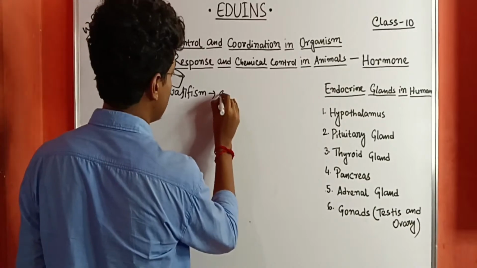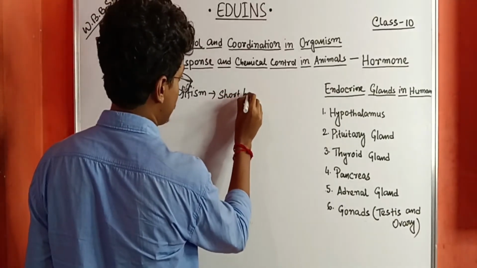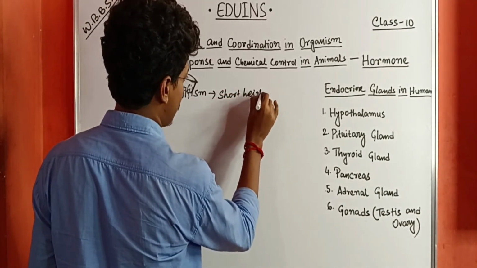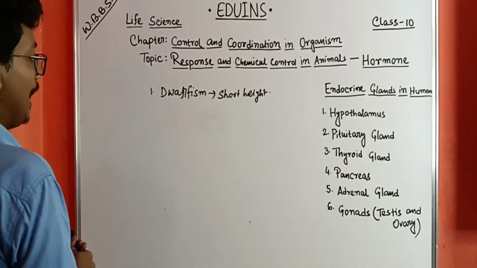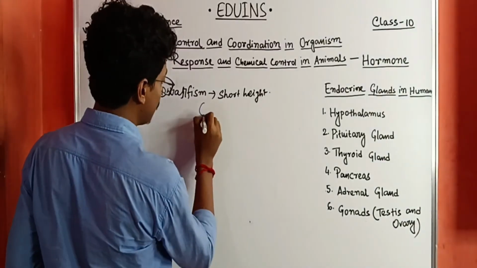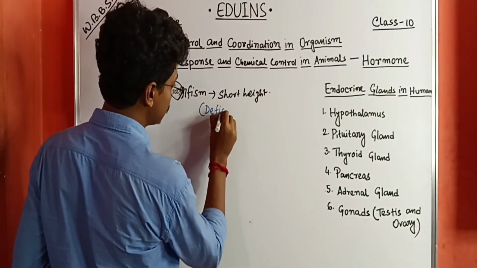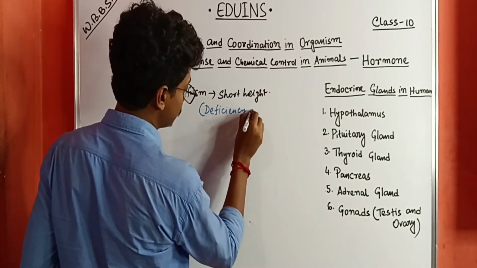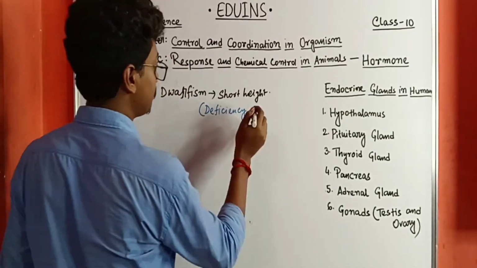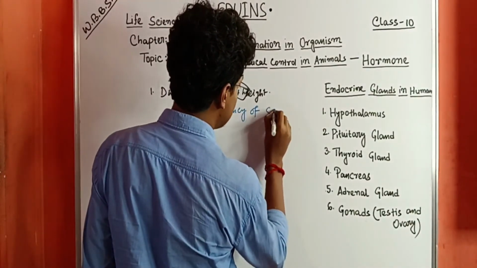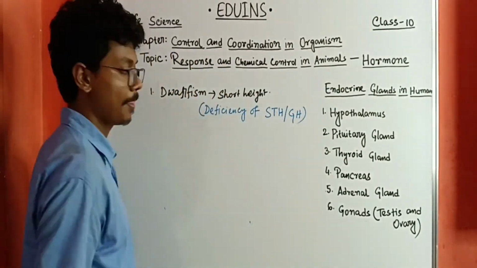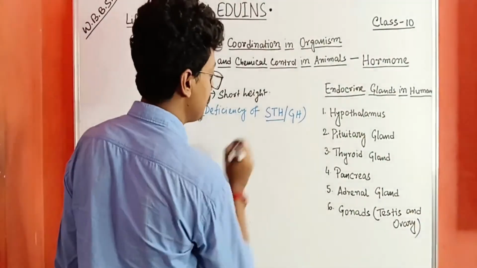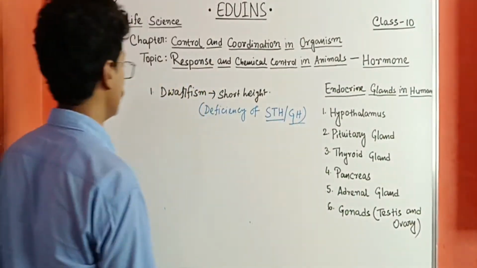What is it? Short height. Dwarfism, short height, is caused due to the deficiency of STH or GH, somatotropin or growth hormone.